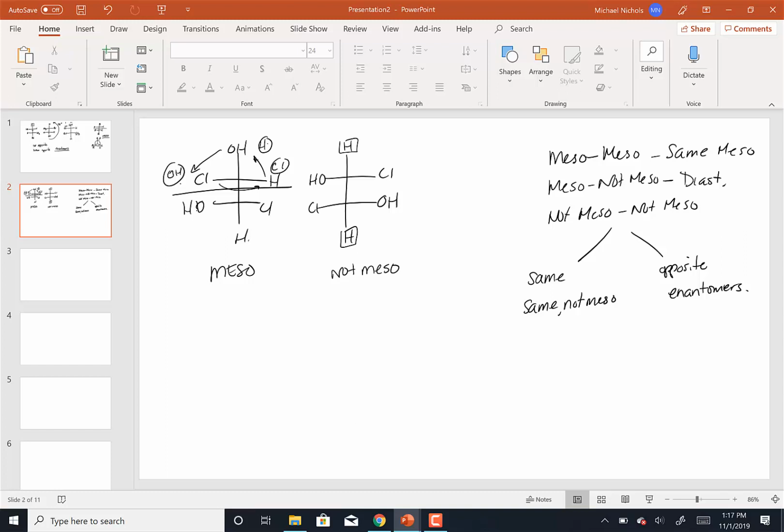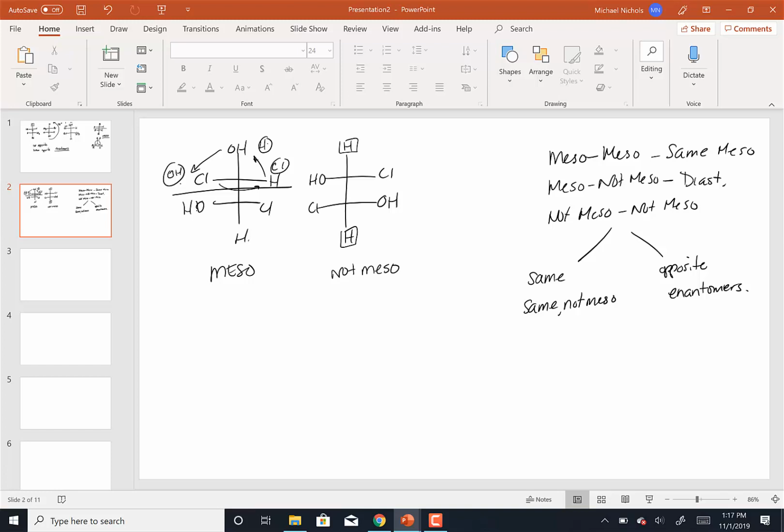So you're saying, check to see if they're meso before doing R and S? Yes. Because if they have the possibility of being meso, you need to make sure they're not the same meso compound or the same not meso compound. It's just easier to do meso and not meso.